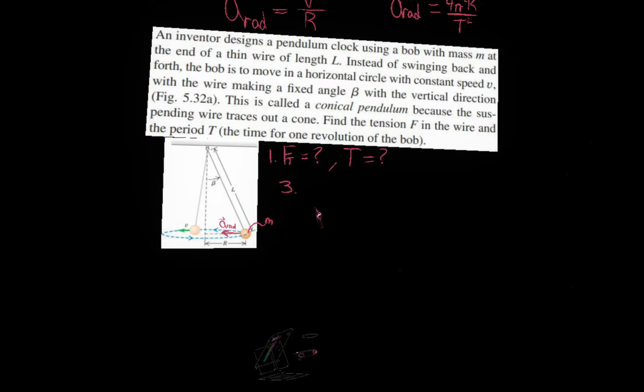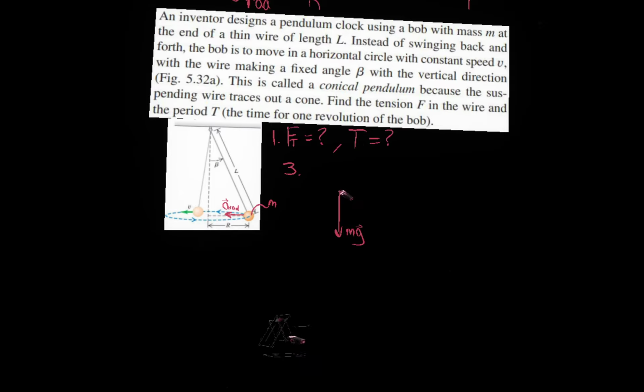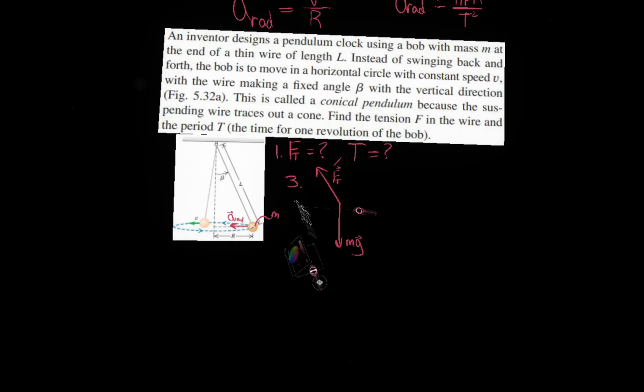So that was step 2. Step 3, we're going to do a free body diagram of this weight. It has some mass that's not negligible, so it has some weight, mg, and it has this tension force this way, force tension. You have to label it that way for this problem, and that's about it. But let's choose our axes.